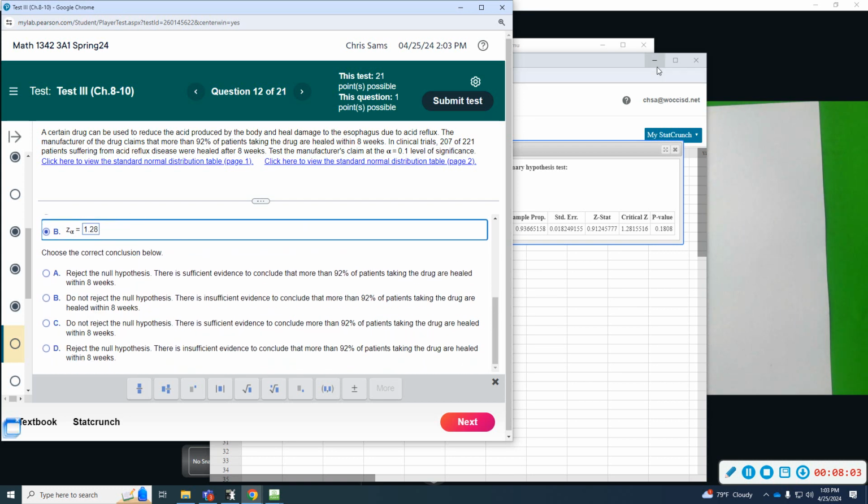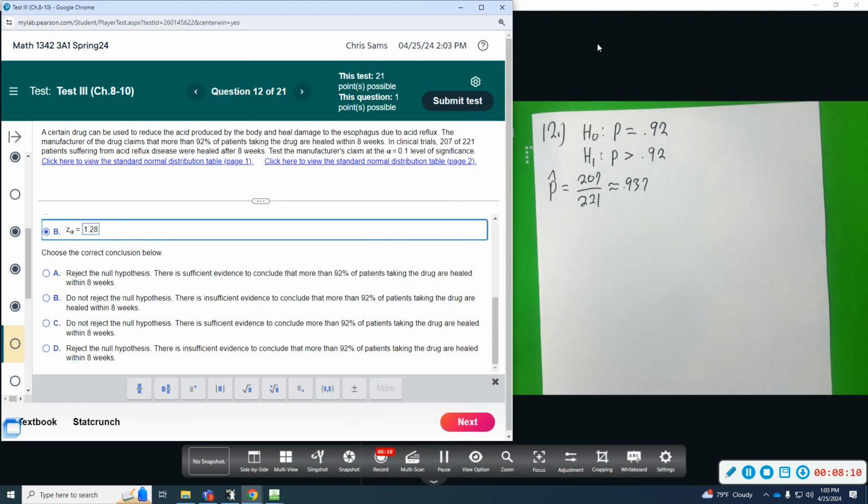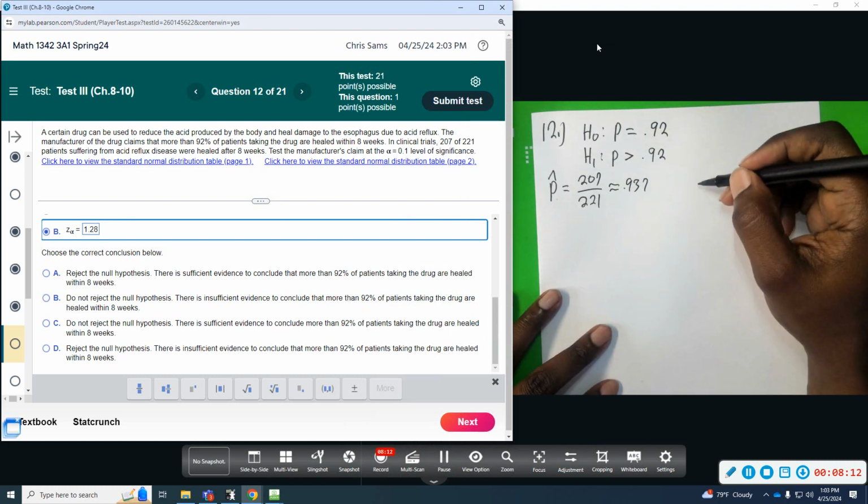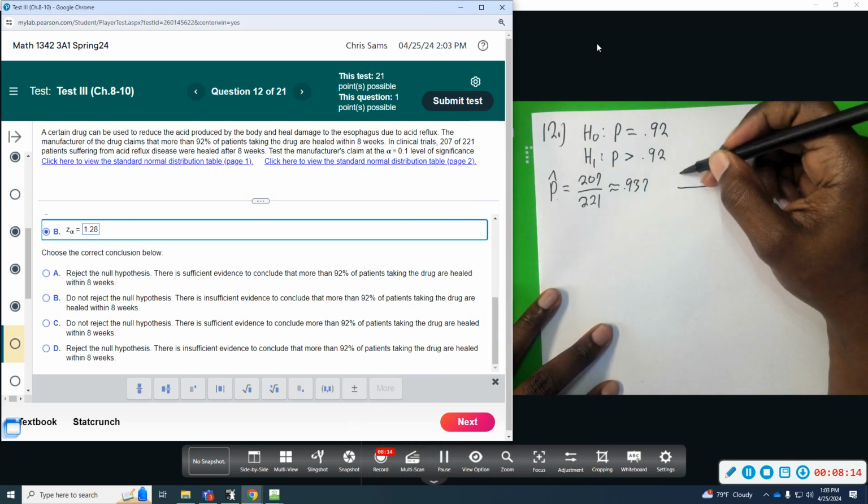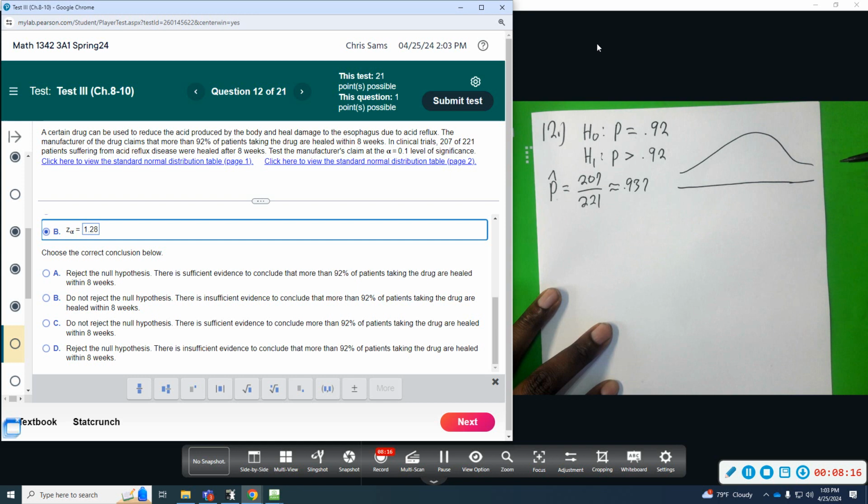So what does that mean? P-value is 18, is bigger than alpha. So what that's telling me is that if I'm testing this, to see if we're bigger than 92, we're giving ourselves 10%. We got a p-value that's 18%, so it does not fall in the rejection region.